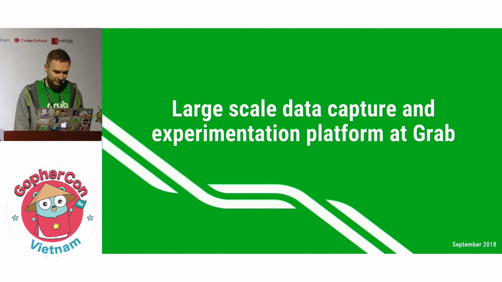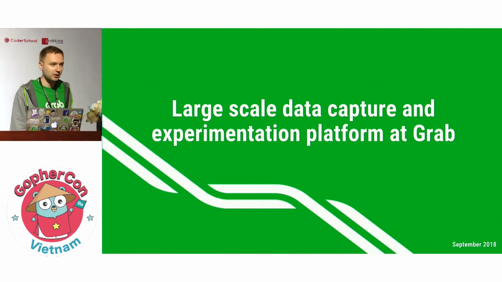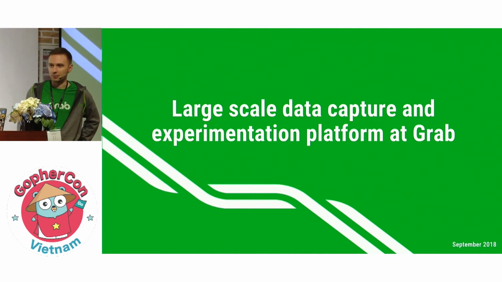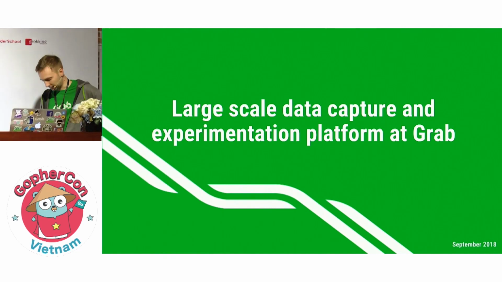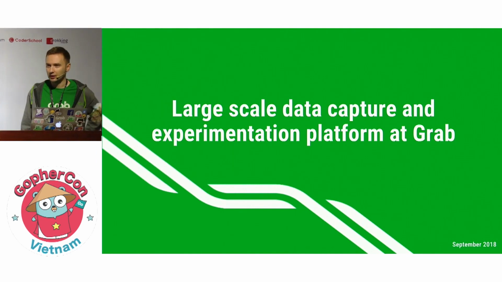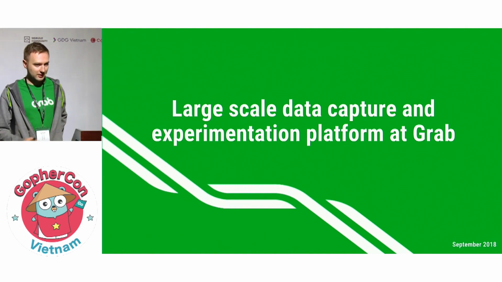But anyway, I'm going to talk about how we build two things, mainly an experimentation platform and a data ingestion pipeline to support all the scale, right? I've been at Grab for about 2 years now, and one constant was there's always scale.